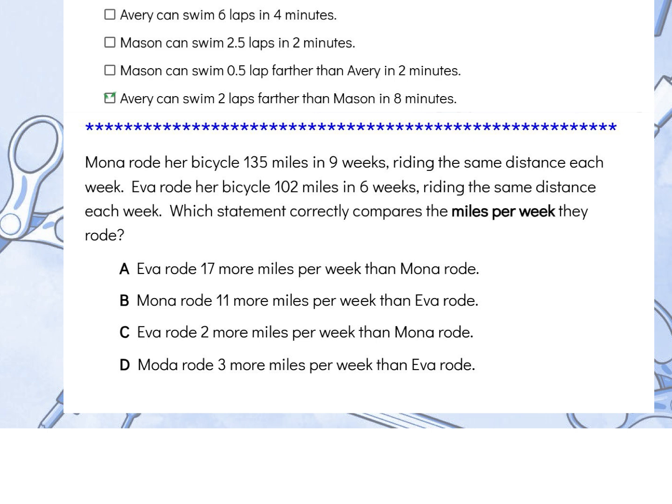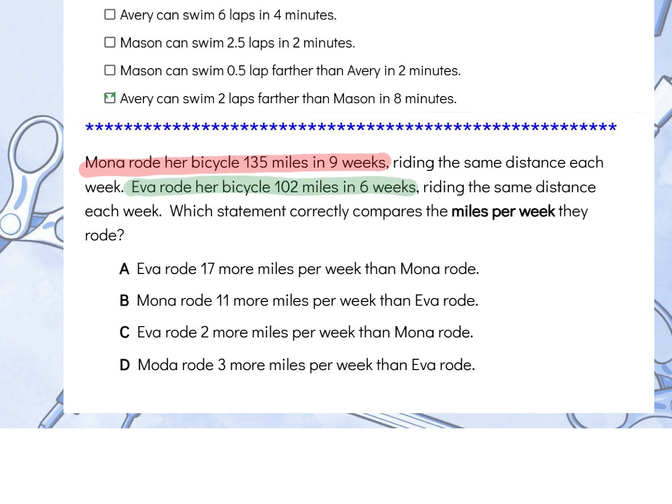Eva rode her bicycle 102 miles in 6 weeks, riding the same distance each week. Which statement correctly compares the miles per week they rode? Okay, so we have Mona, 135 miles in 9 weeks, and then we have Eva, 102 miles in 6 weeks.